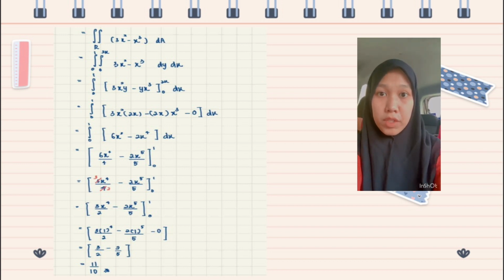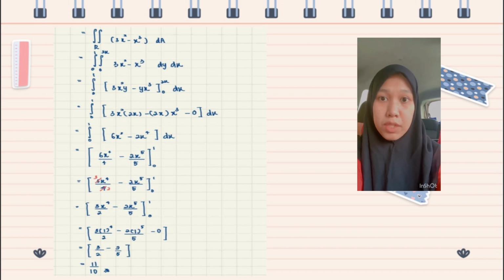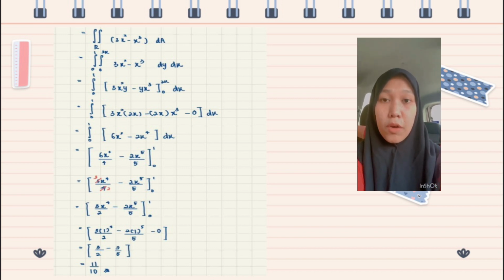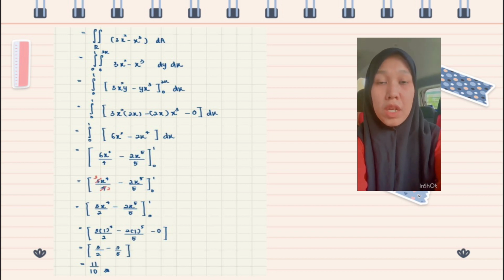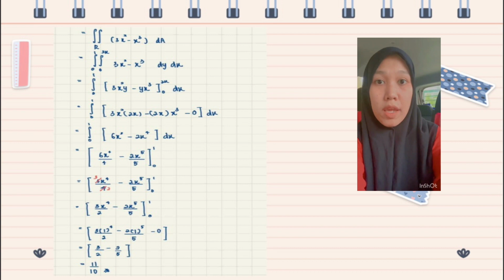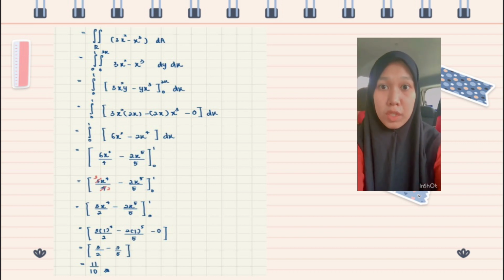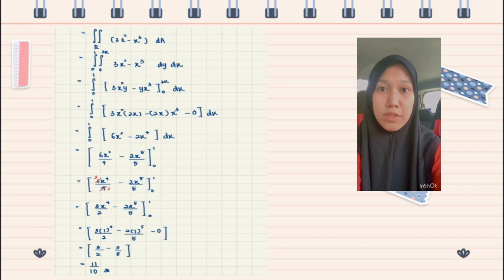After integrating y, we get the answer 6x³ minus 2x⁴. We integrate with respect to x, so 6x⁴ over 4 minus 2x⁵ over 5. We put the coordinates x as 1 and 0. We get the answer 3 over 2 minus 2 over 5 equal to 11 over 10.